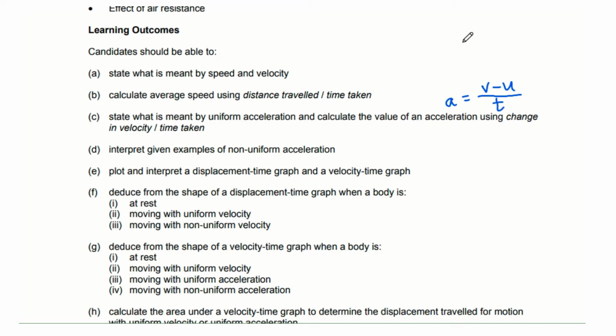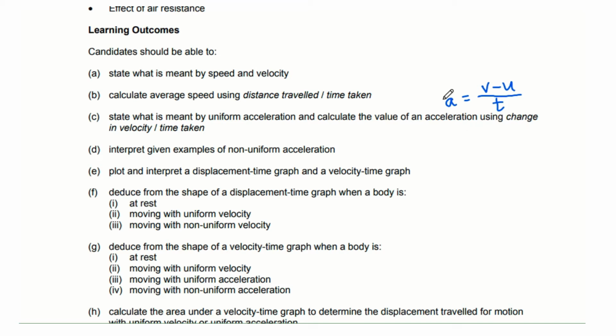So this is one of the formulas that you need to know for your physics. I also have another post on a list of the formulas that you need to know for your O-level physics. If you are interested to find out what the formulas are, do check out our post. I'll provide a link in the description below.